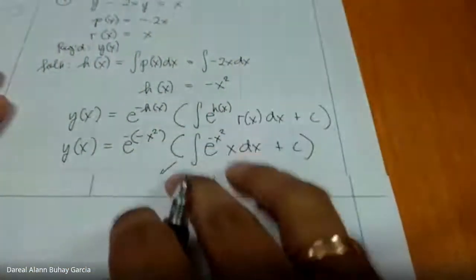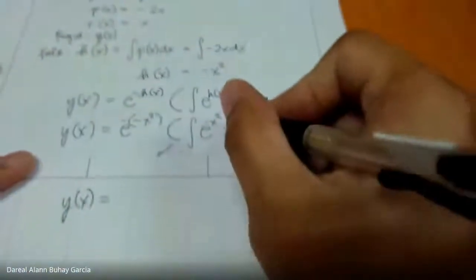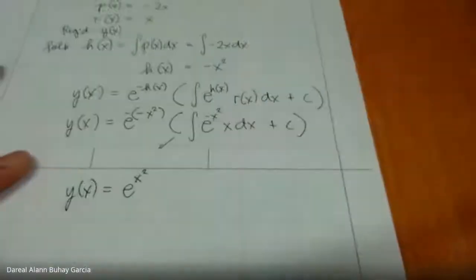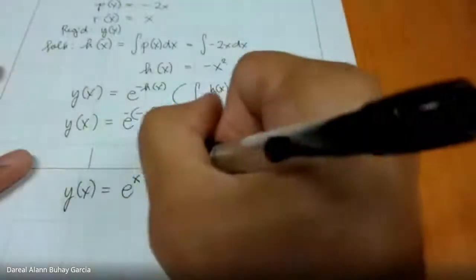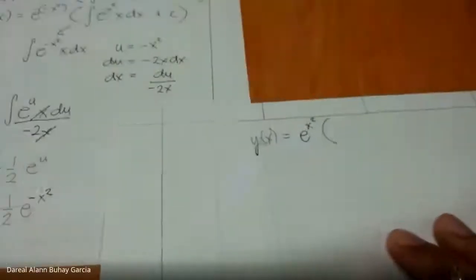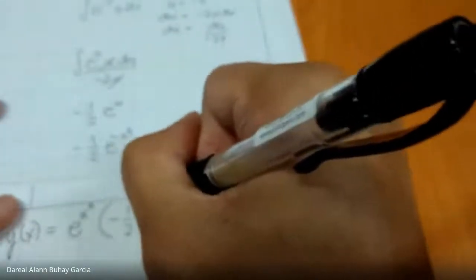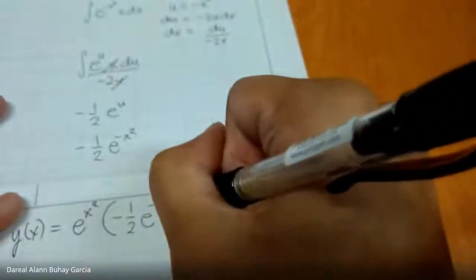So our y of x is equal to e to the power of x squared times this one, negative 1/2 e to the power of negative x squared plus c.